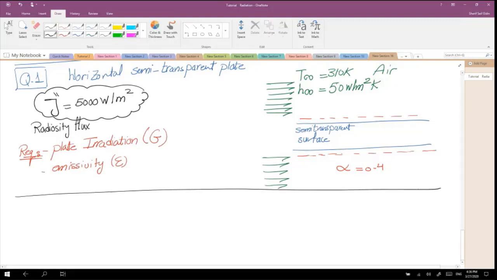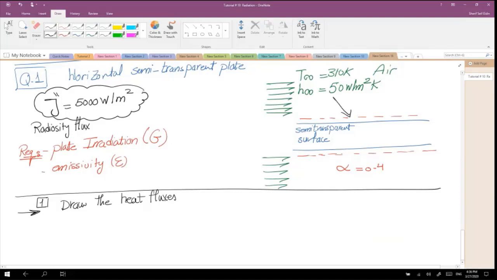so we will start solving the problem by drawing the energy. First of all, we have to draw the heat fluxes associated in your problem.